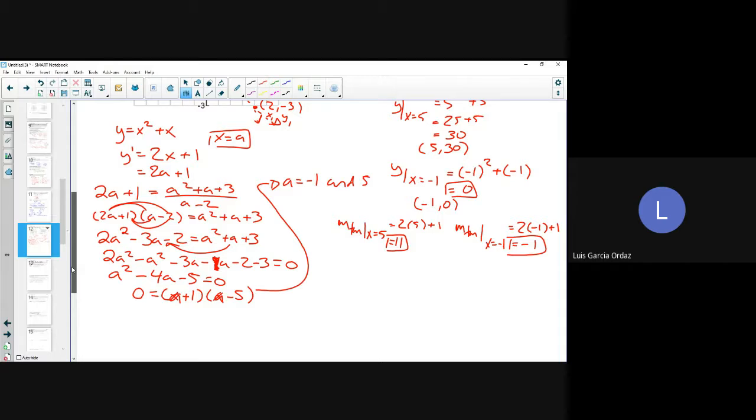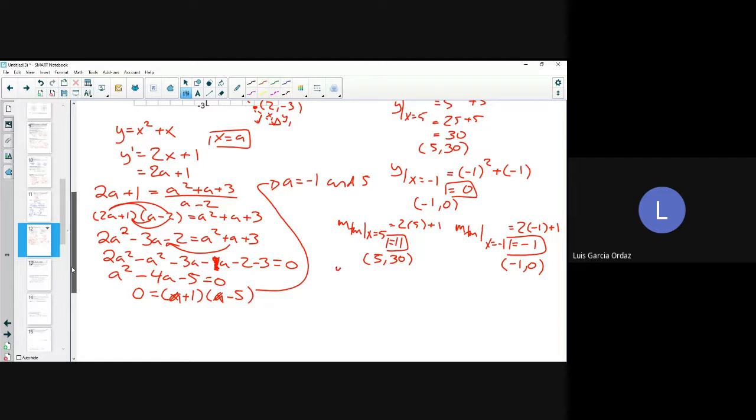So now to find the equations, I have all of my information. Remember, the slope of 11 corresponds with the point 5 and 30, and the slope of negative 1 corresponds with negative 1 and 0. So now I can find my equations in standard form.